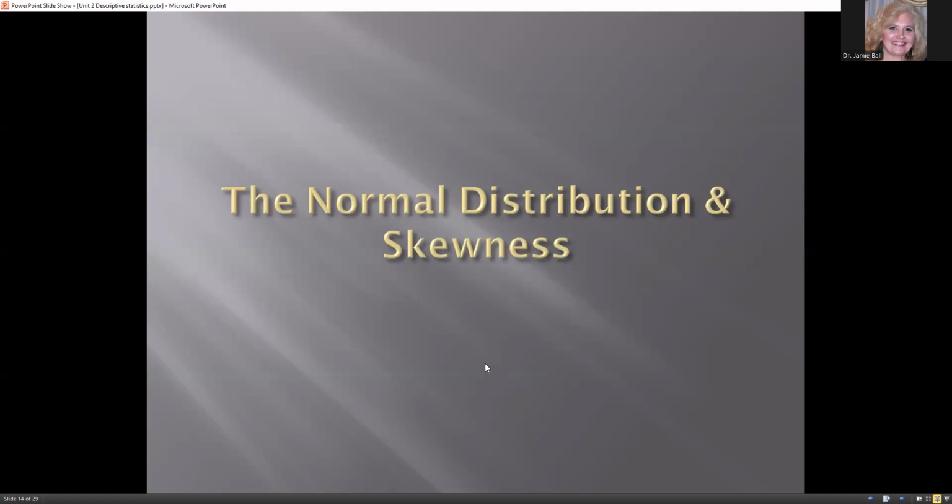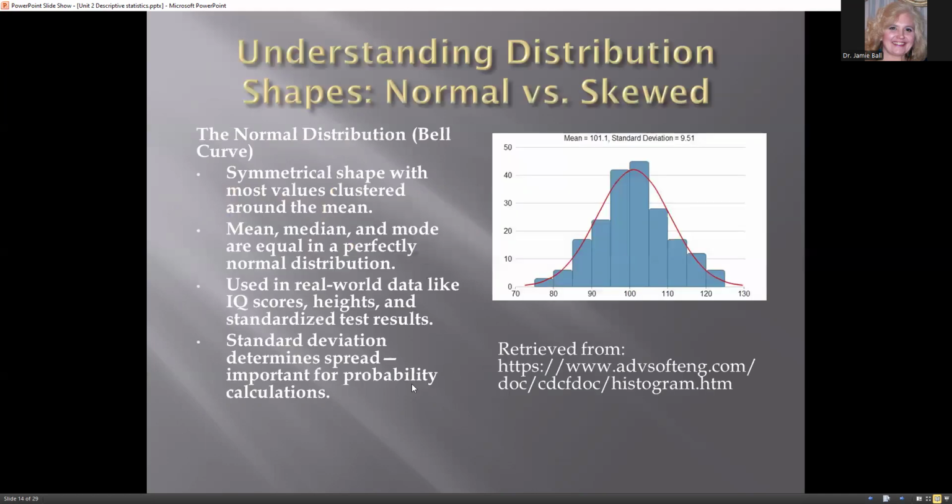So let's talk about normal distribution and skewness. So here's a picture of a bell curve with the density line over top of it. A bell curve is symmetrical in shape with most of the values clustered around the mean. Mean, median, and mode are equal in a perfect normal distribution.